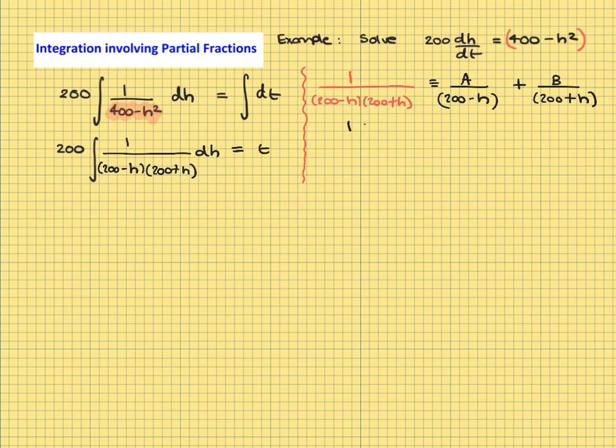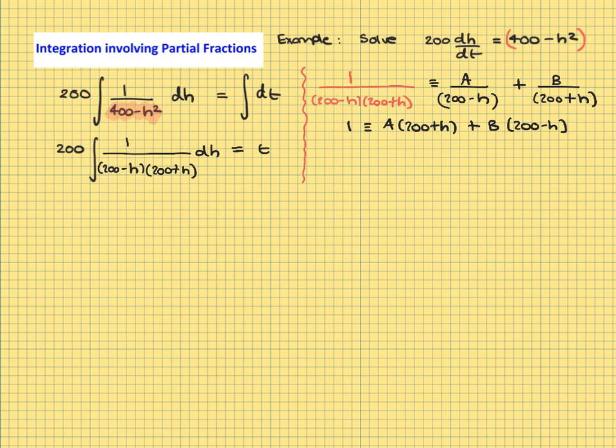Now, this tells me 1 is equivalent to a multiplied by 200 plus h plus b multiplied by 200 minus h. Imagine you're multiplying all three terms by the denominator of the red fraction on the left, and you will get this result here.